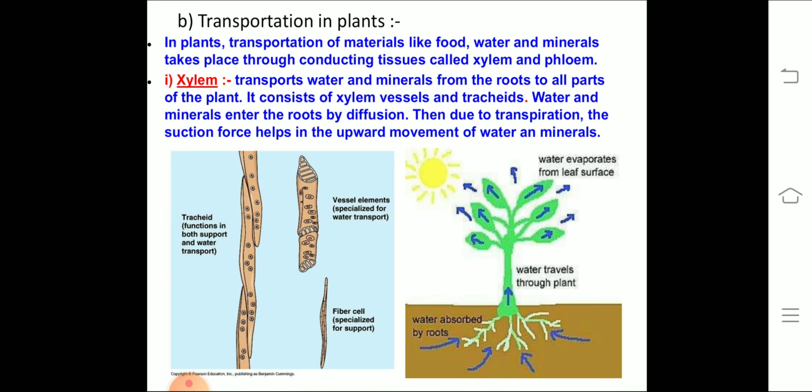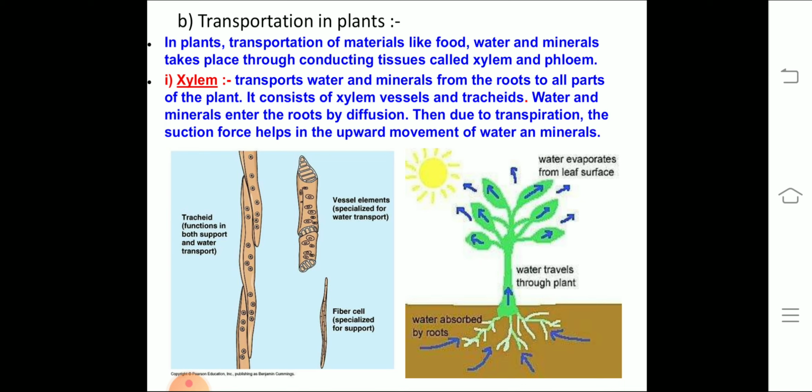Like if we suck a cold drink from a glass, how does the water rise up? That is due to suction pressure. In the same way, suction pressure is created by the transpiration process, and this transpirational pull will take the water up, working against gravity.